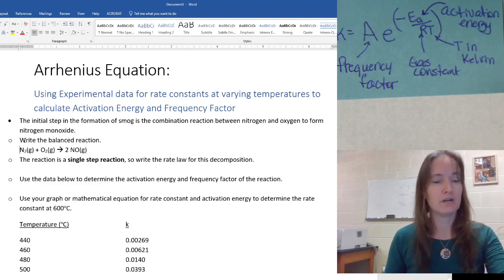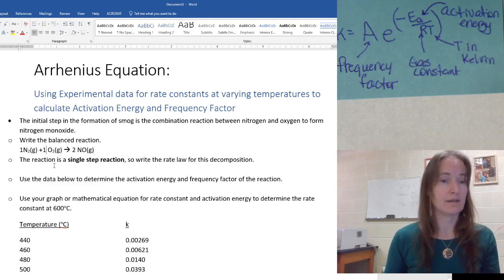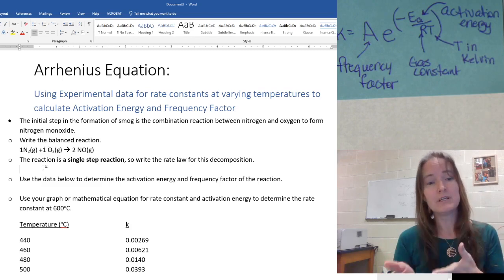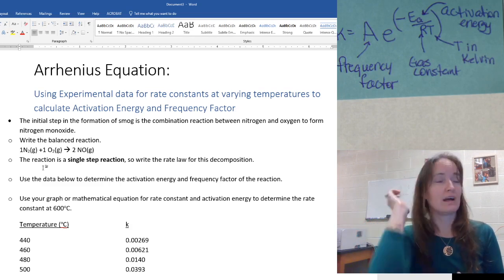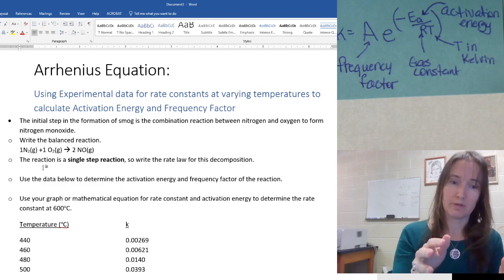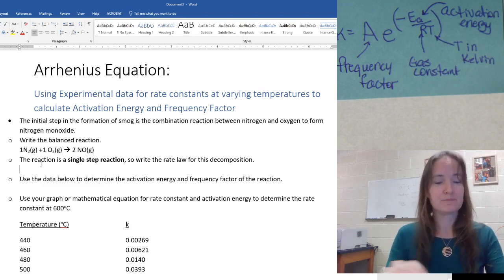We have a coefficient of 1 for nitrogen, a coefficient of 1 for oxygen, and a coefficient of 2 for nitrogen monoxide. And so if this initial step is an elementary step, then we should be able to write the rate law, because for any elementary step or single step in a reaction, whatever the coefficients are, that is also the order for each chemical.